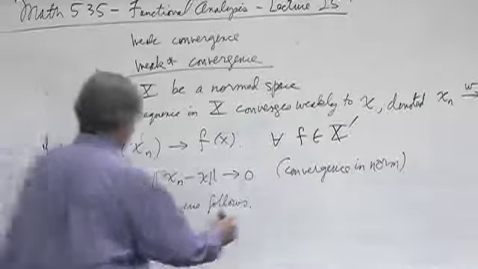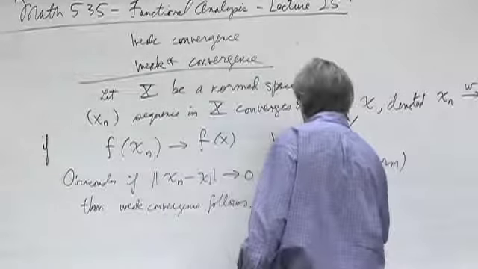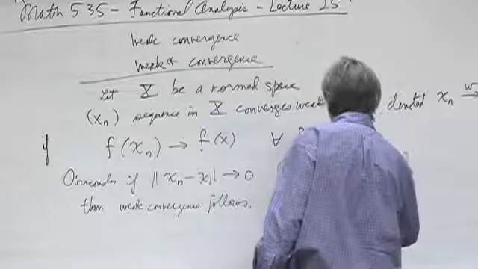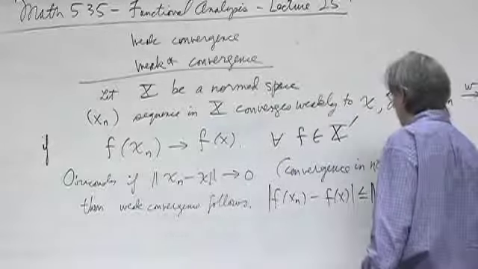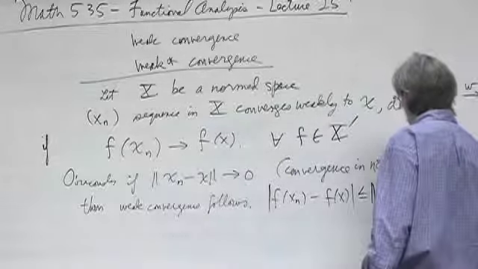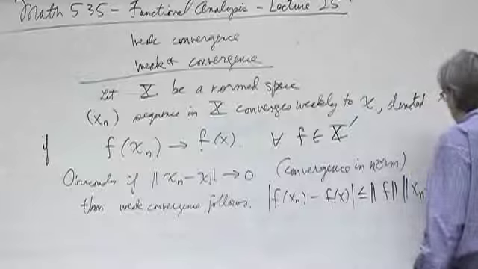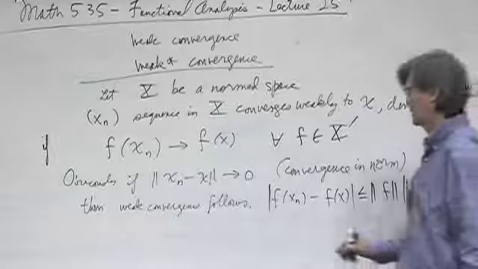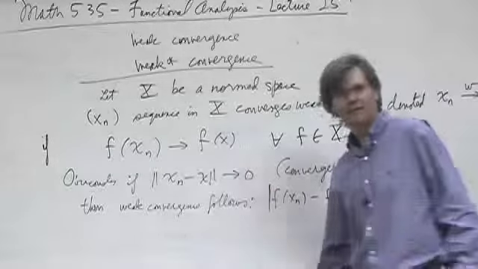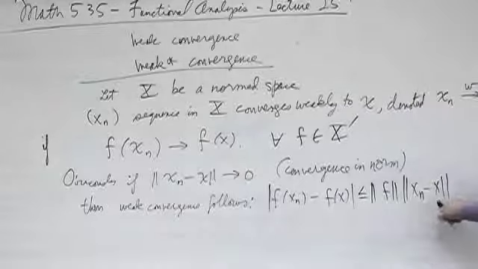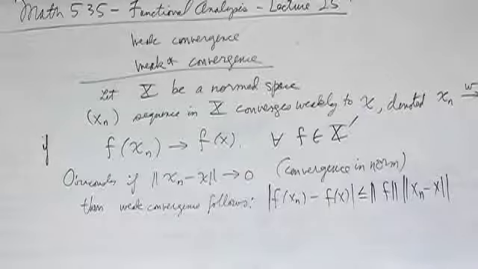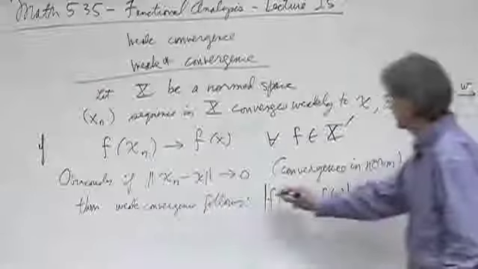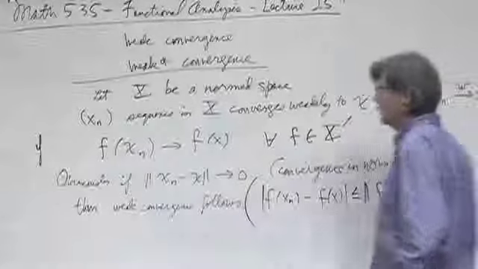Okay, |f(x_n) minus f(x)| is less than or equal to the norm of f times the norm of x_n minus x. Okay. And if the norm goes to 0 and the norm of f is finite, which we're assuming here, then this goes to 0. Okay.